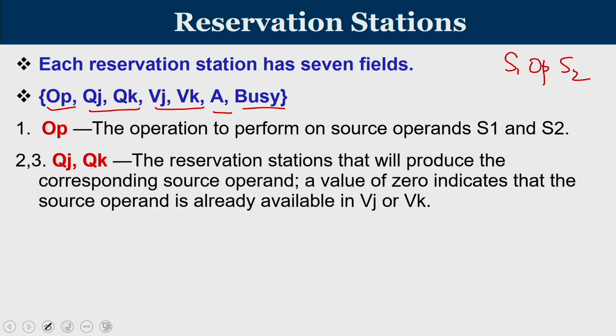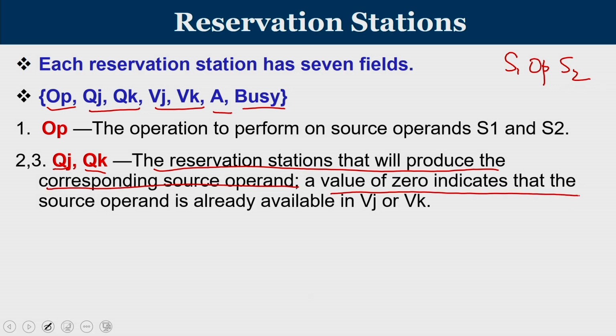Now, the second and third fields are Qj and Qk. If the operand value is not available in the register, because your register status indicator is reflecting that, then you will get the operand from the output of some functional unit. So, Qj and Qk indicate the functional unit, the reservation station, that will produce the corresponding source operand.